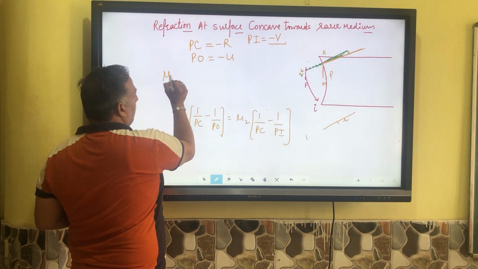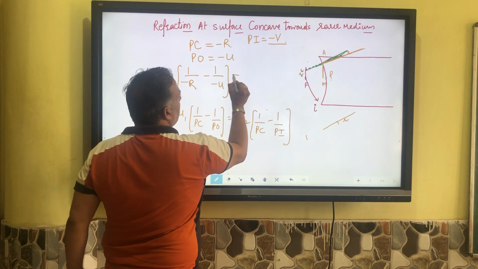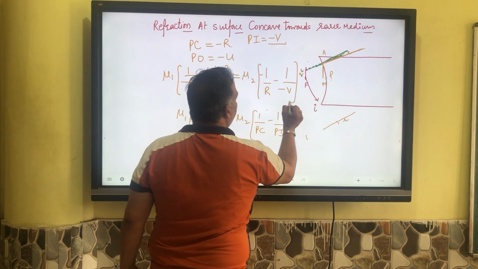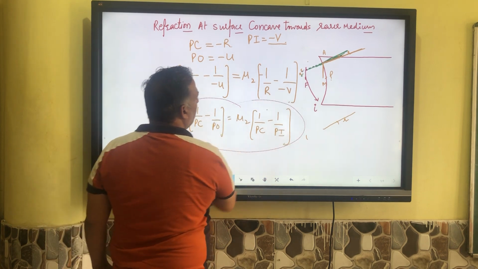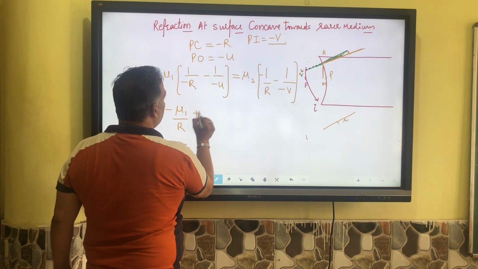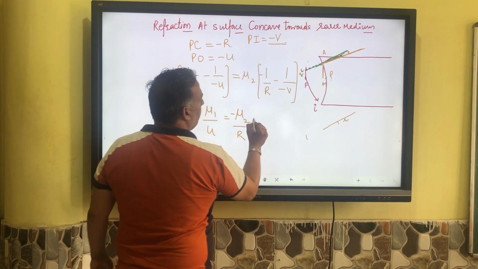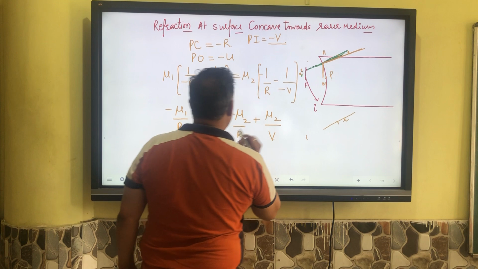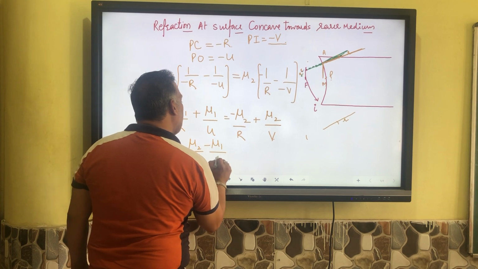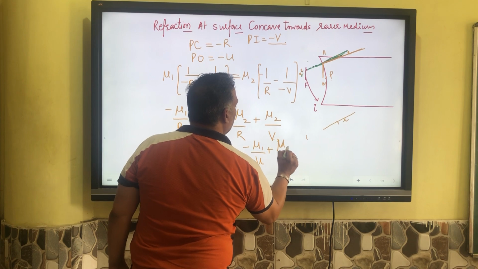So mu1 into (1 upon minus R minus 1 upon minus U) is equal to mu2 into (1 upon minus R minus 1 upon minus V). So if I take this, minus mu1 upon R plus mu1 upon U is equal to minus mu2 upon R plus mu2 upon V. Rearranging, mu2 upon R minus mu1 upon R is equal to minus mu1 upon U plus mu2 upon V.